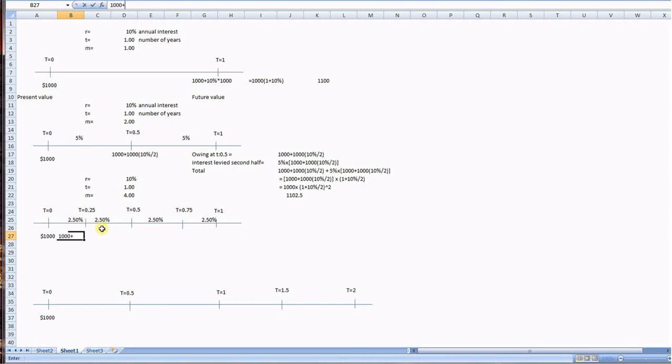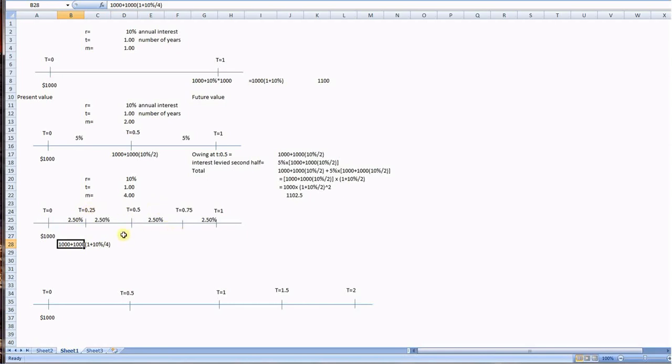It is $1,000 into 1 plus 10% divided by 4. So this is the principal plus interest that we are expecting from our borrower as at t equal to 0.25. Okay, let's move on to t equal to 0.5.